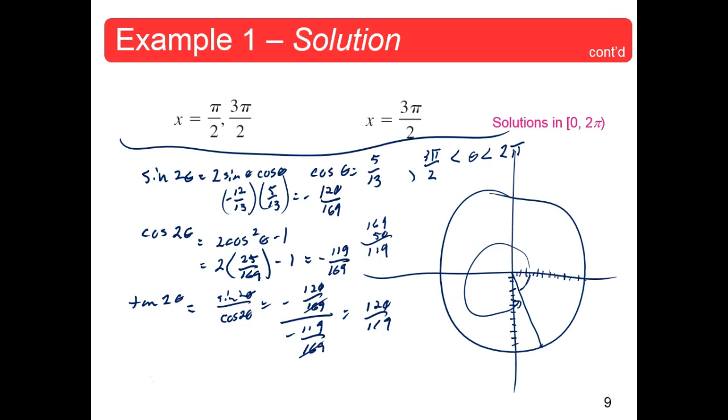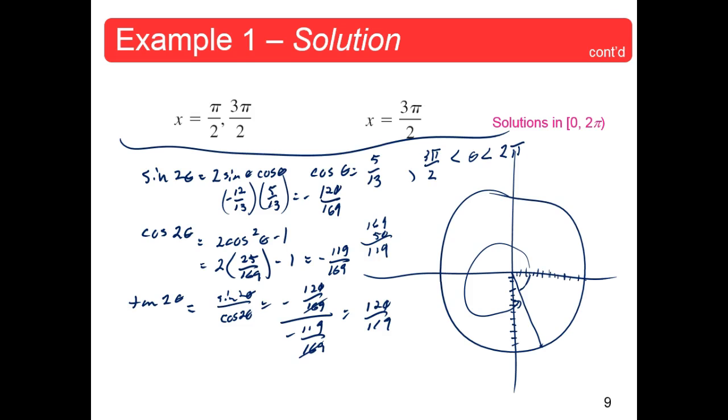Does this even make sense? If theta is here, 2 theta would start here and go 1, 2, 3 complete quadrants, plus a little bit. That puts us down here somewhere.